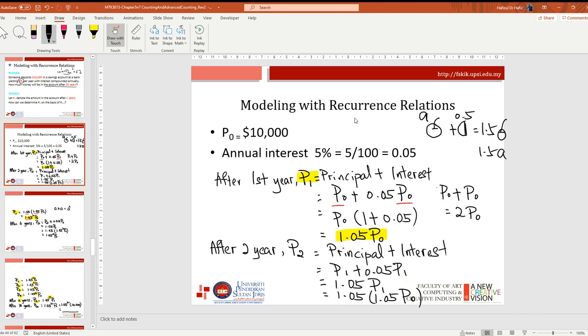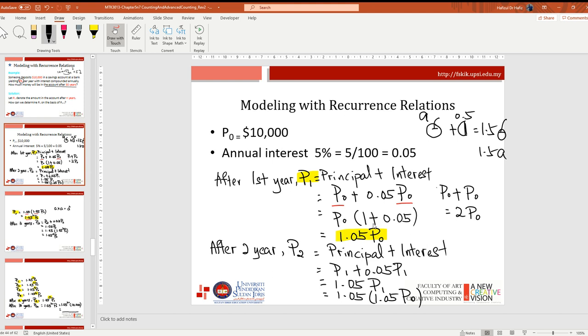So, modeling with the recurrent relation, we have P0. P0 ni dia punya pokok. P0 is 10,000. Annual interest is 0.05. After first year, P1 is principal plus the interest, P0 plus 0.05 P0. And then we have 1.05 P0.